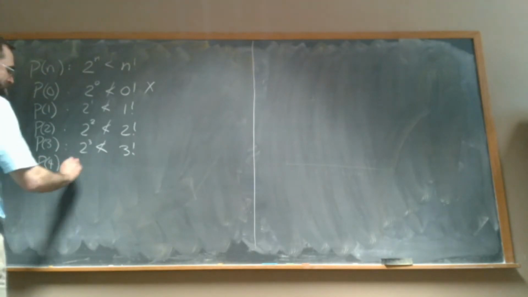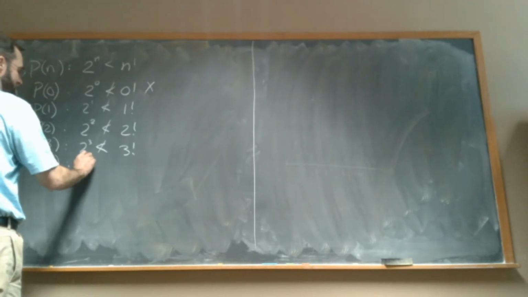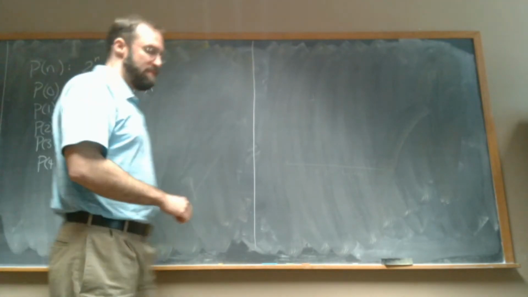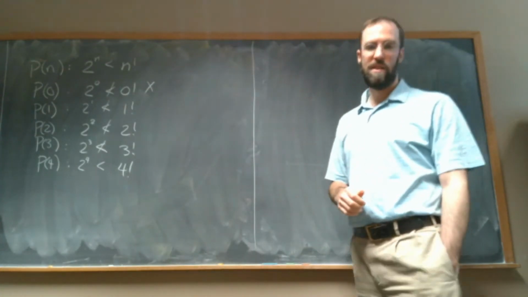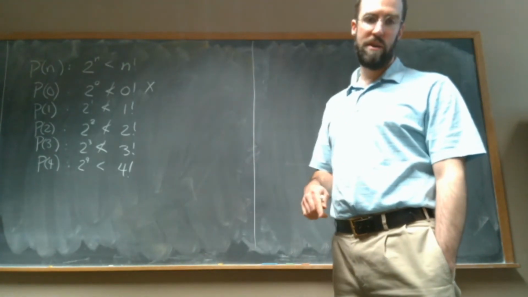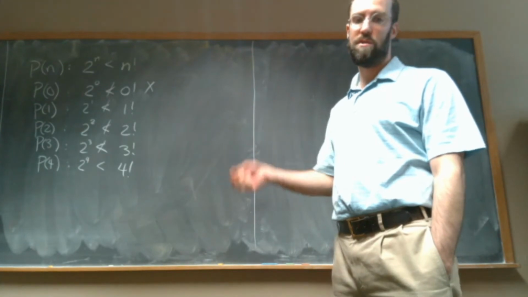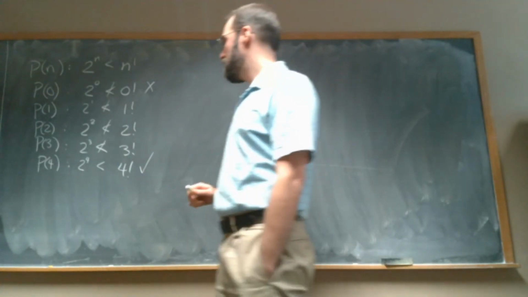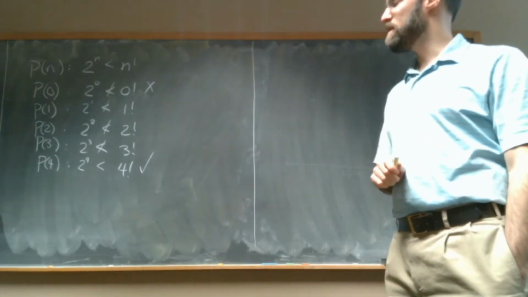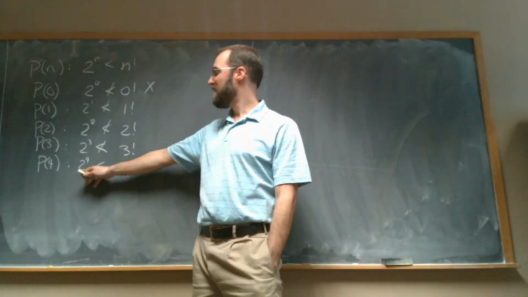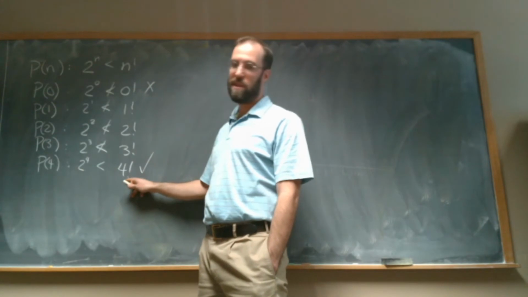But the next one, when n is 4, 2 to the 4th is 16, and 4 factorial, 1 times 2 times 3 times 4, is 24. So this is actually true for 4. And if you tried it for 5, you would find that it's true there too. We're only multiplying this side by 2 to get 2 to the 5th, but we multiply this side by 5.